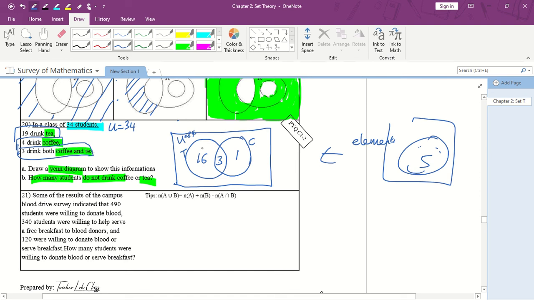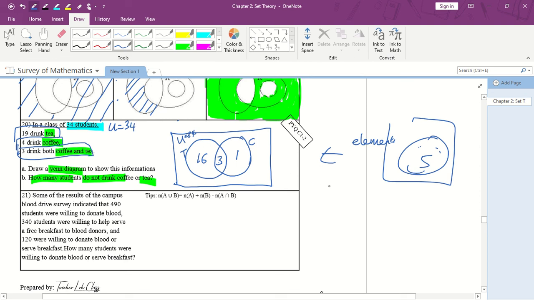And now, remember, in this universal set, we supposedly have 34 people. And since 16 are here, 3 are here, and 1 is here, the rest should be someone who doesn't like to drink coffee and tea, right? It should be in the region outside.